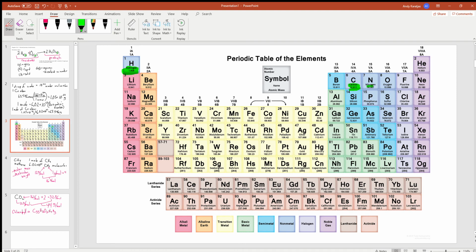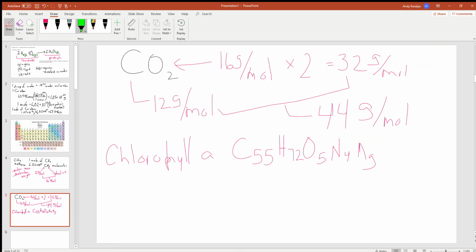We're also going to need nitrogen, oxygen, and magnesium. So magnesium here is 24. Now it's actually slightly over 24.3. I'm just going to round here for our purposes, and in a lot of cases you can get away with that. The answer will be close enough.